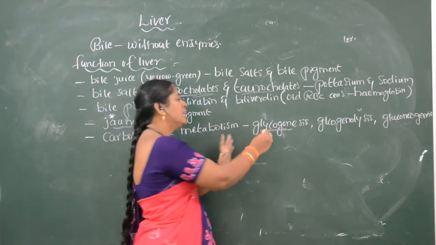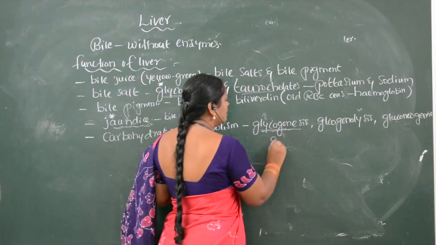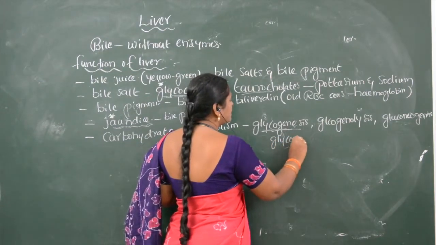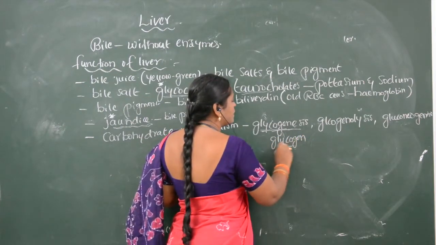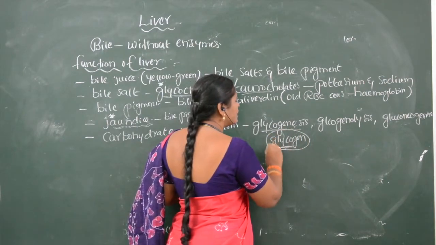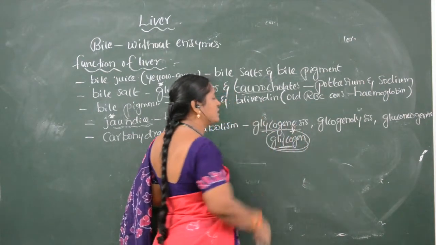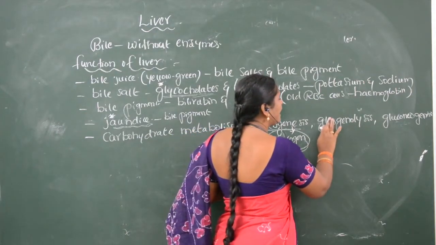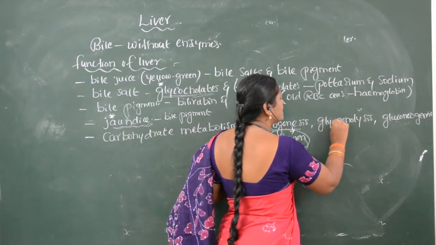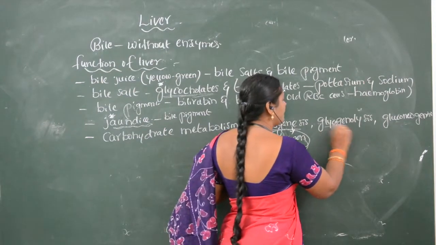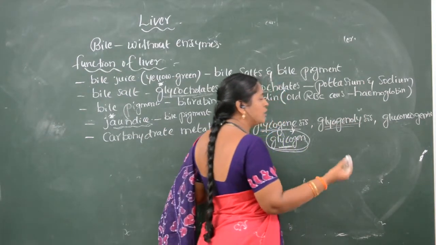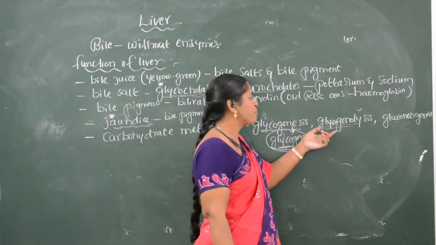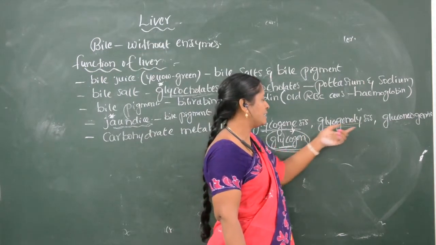Glycogenesis is the synthesis of glycogen. Another one is glycogenolysis.